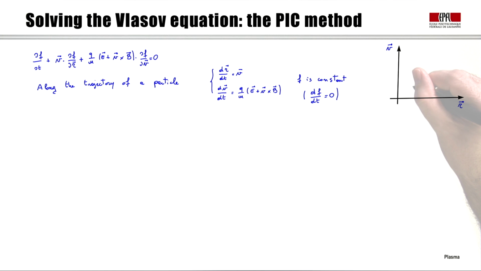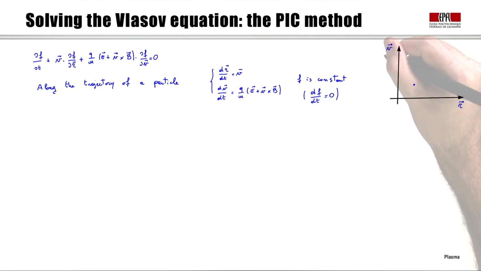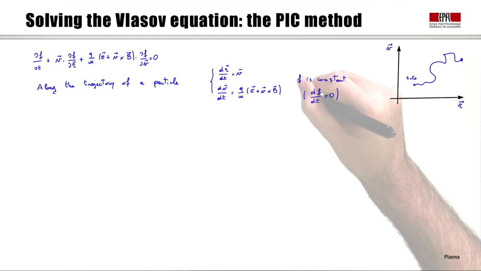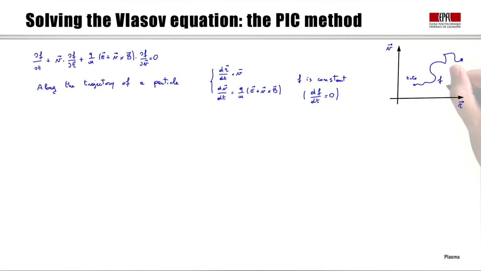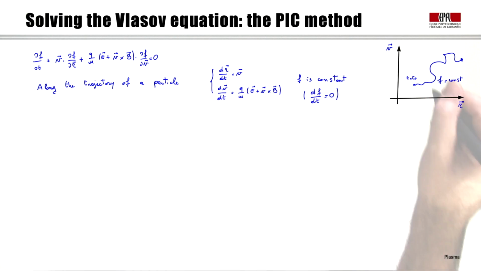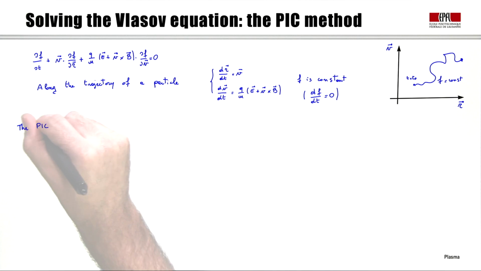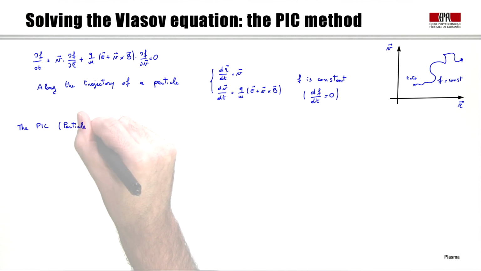And if we consider a particle starting with a specific velocity and a specific spatial location at time t equal to 0, and we follow the trajectory of this particle as a function of time, well, the distribution function f will be constant as we move along this trajectory. The PIC method is based on this consideration. PIC means particle in cell method.